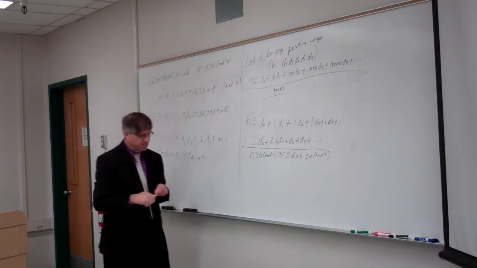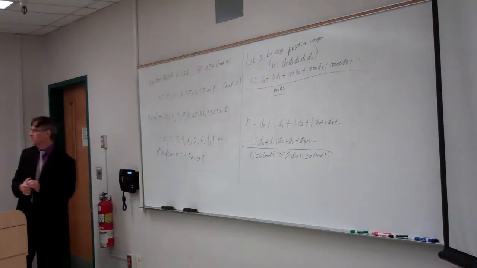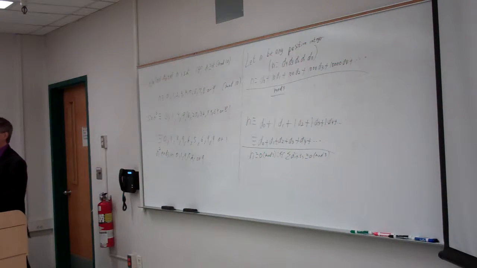So here's your basic trick for telling if a number is divisible by 3. Add up the digits. If the number you get is divisible by 3, then your original number was divisible by 3. Otherwise, it's not.